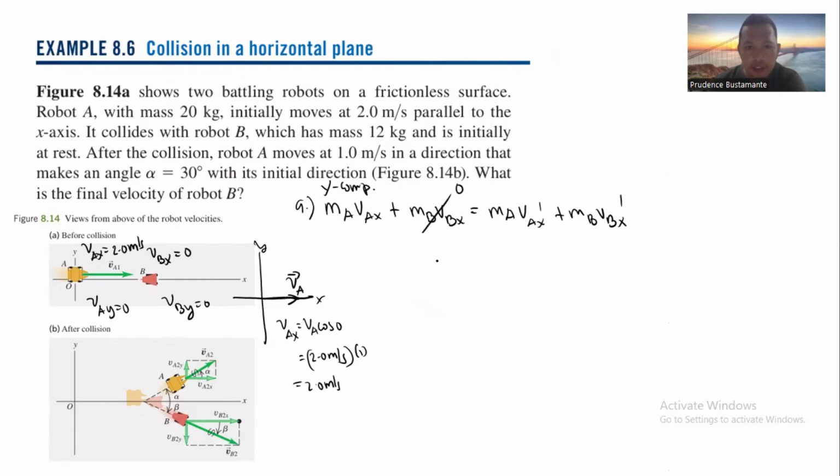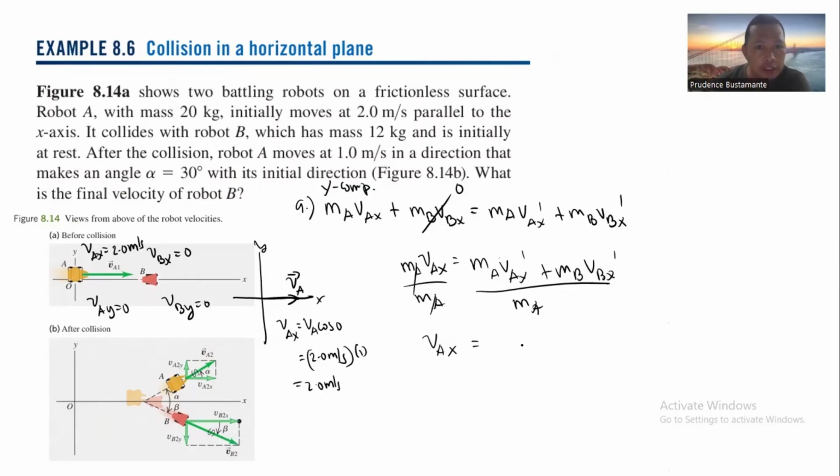So MA VAX is equal to MA VAX prime plus MB VBX prime.